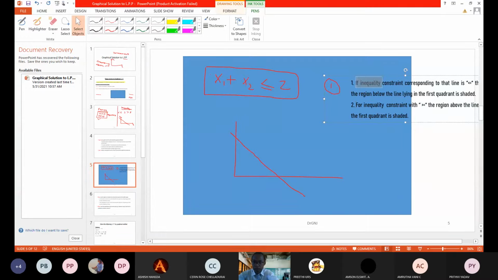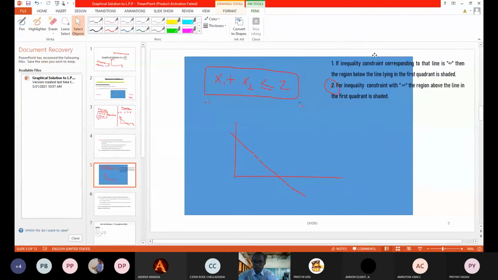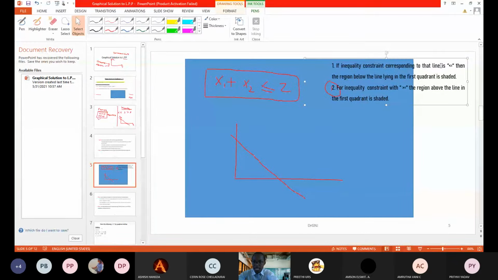If the inequality constraint corresponds to lesser or equal to, then the region below the line in the first quadrant is shaded.